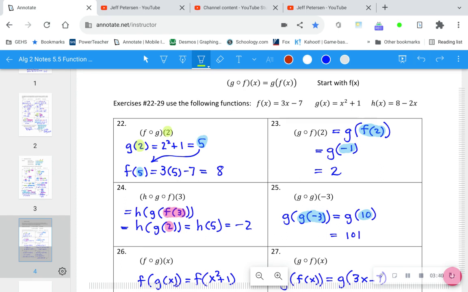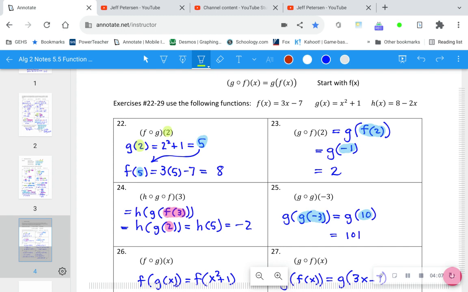So you plug that into the next one in line, which is g. And 2 squared plus 1 is 5. And finally, you plug that one into the one that was waiting in line here. Oops, I'm on this end here. 2 times 5 is 10. 8 minus 10 is negative 2. So you just work your way through the thing backwards, as it were.